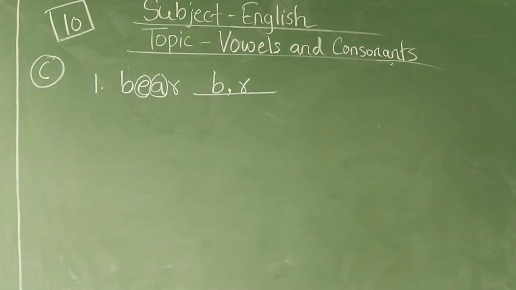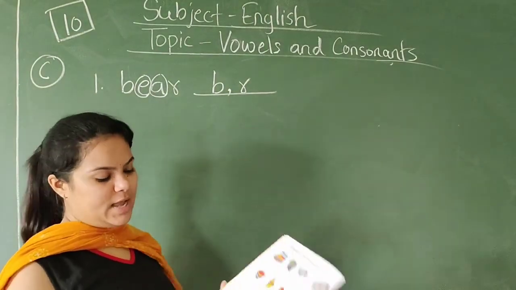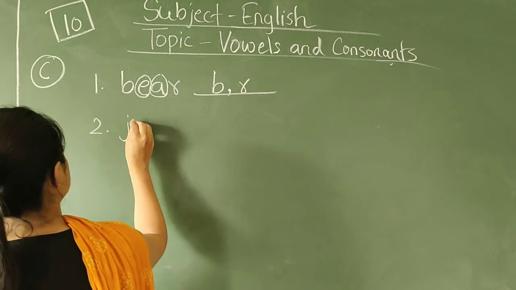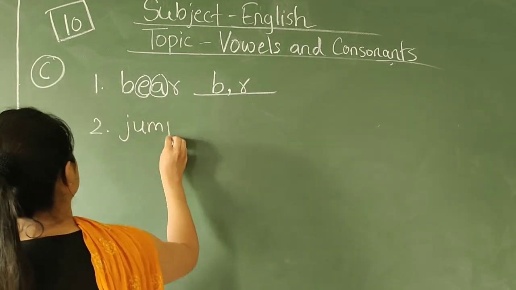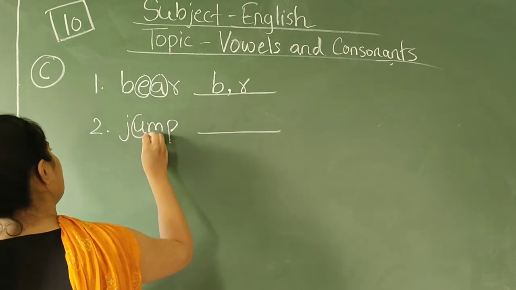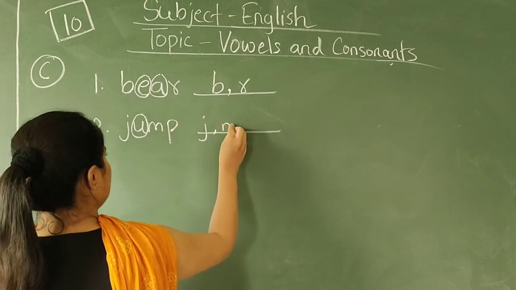So we circle the vowel letters and write down the consonant letters in the blank. Again, the second word is J-U-M-P, that is jump. Here we have only one vowel, that is U. So here we have to write J-M-P.